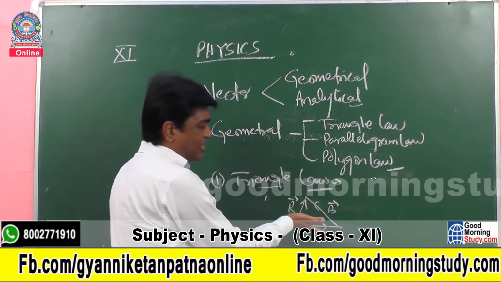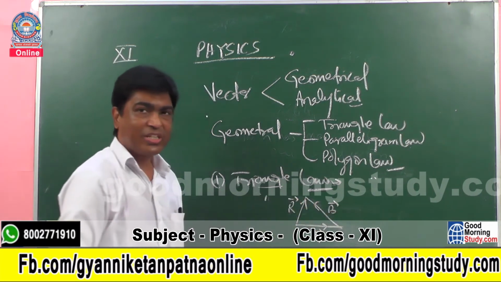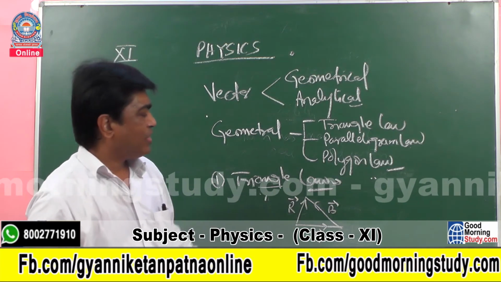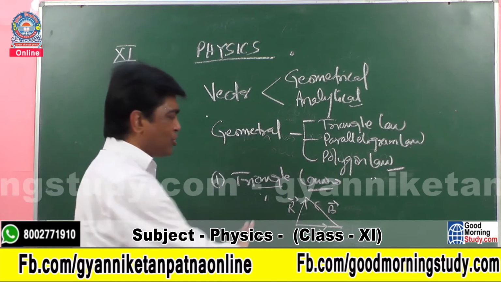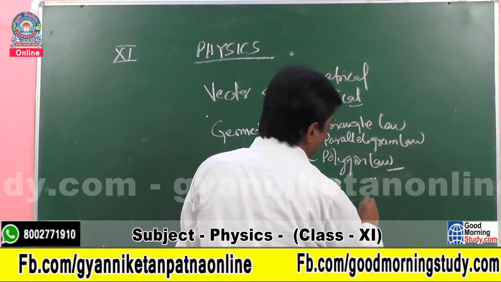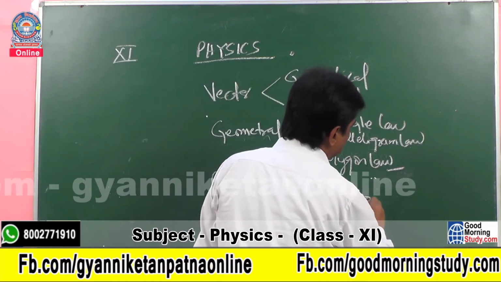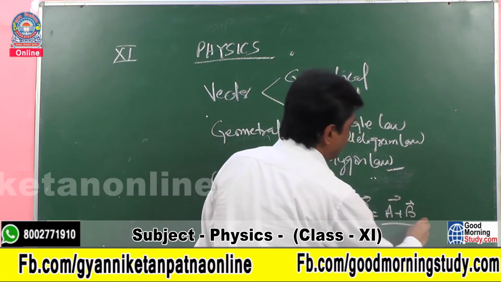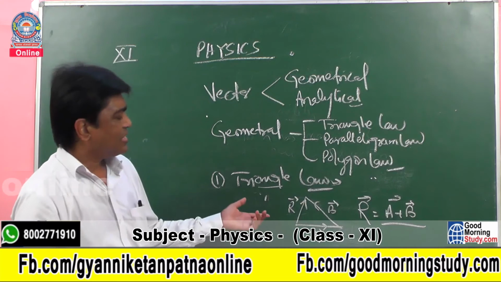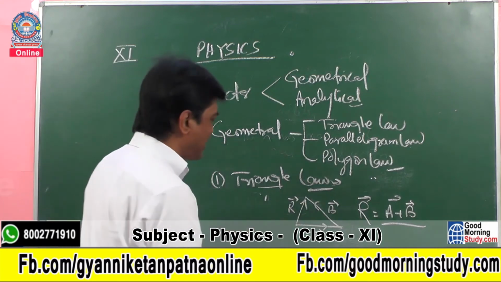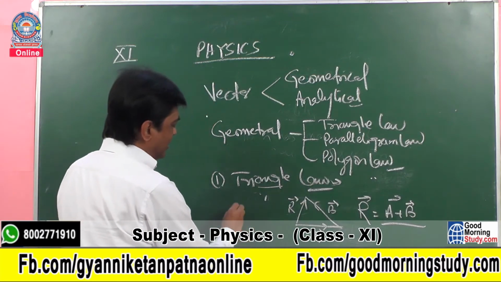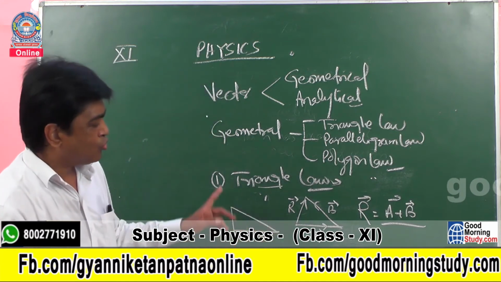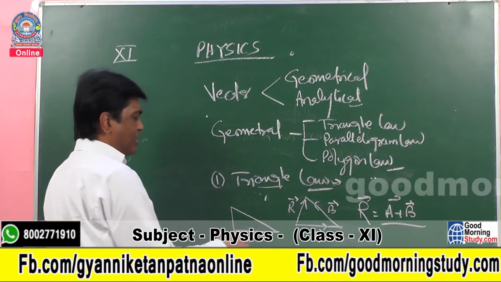Here you must see that A, B are in same order, that is clockwise direction. R is the resultant of these two vectors because R is in opposite order. Here you must write R vector is equal to A plus B vector. Once more, this triangle could be of any shape and size.